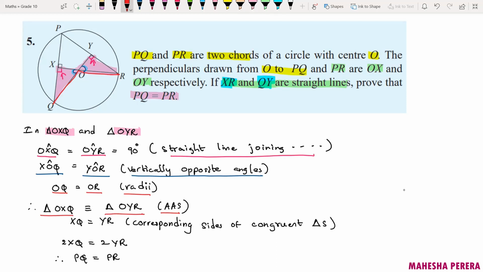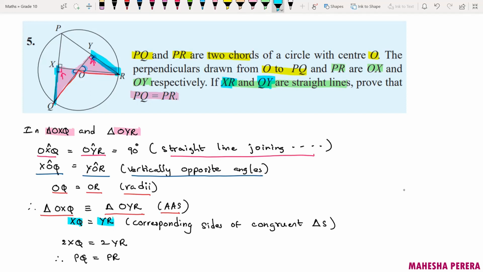If these two triangles are congruent, we can say that this side, right, and this side are equal because they are corresponding sides of the congruent triangles. So XQ, this side, and YR, this side, are equal.